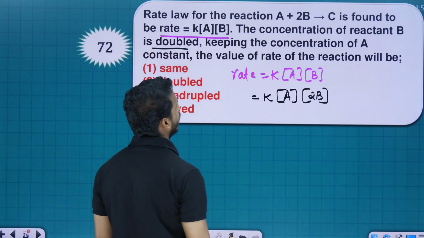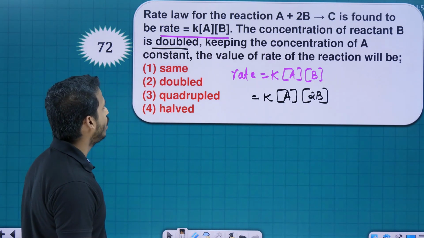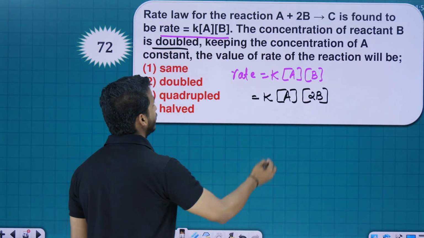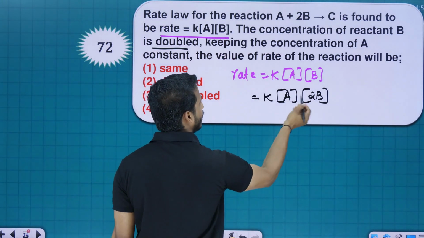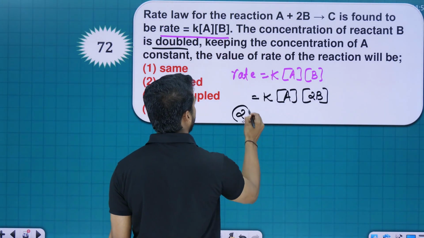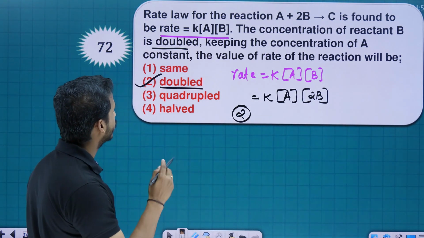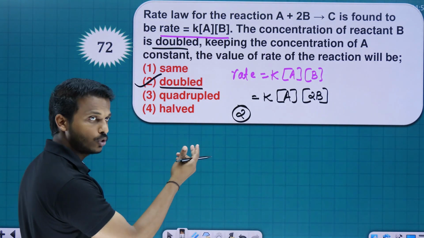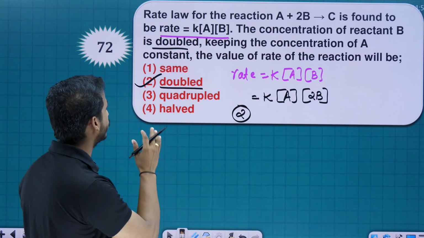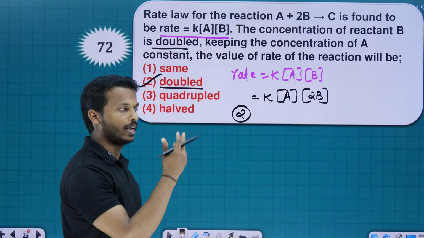Then the rate of the reaction will be, there is no power, right? Only doubled. So it will be 2 times. The concentration of reactant B is doubled, keeping the concentration of A the same, so the rate will be double.